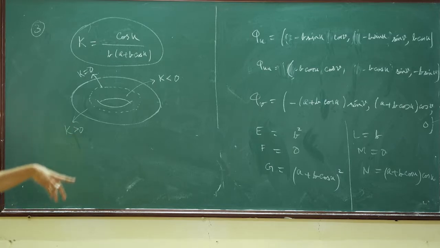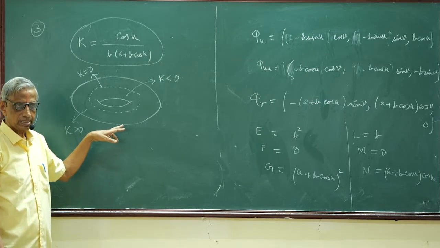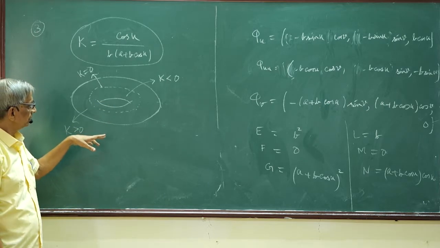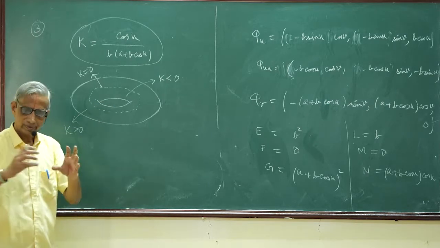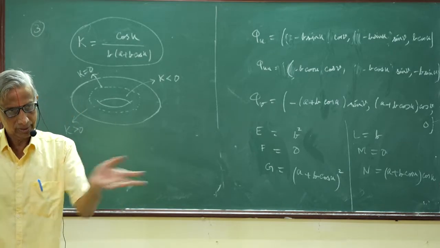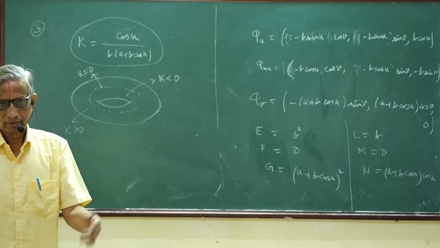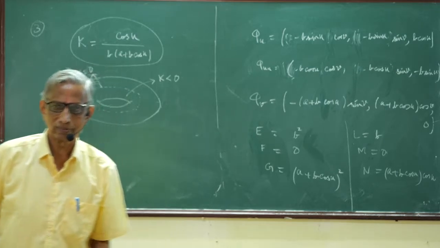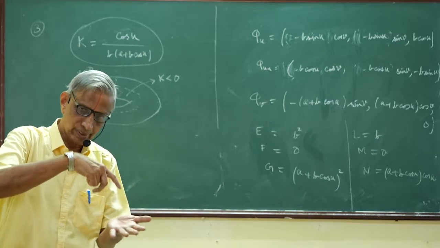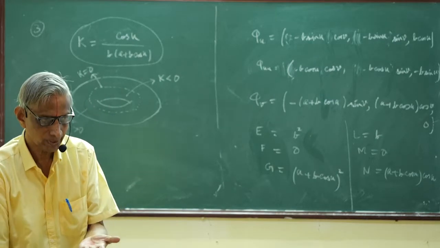So I have marked the different parts of the torus where these three possibilities occur. Positive curvature, so to say, on the outside, for all points on the outer surface of the torus. There is a top circle, and of course a bottom circle also.